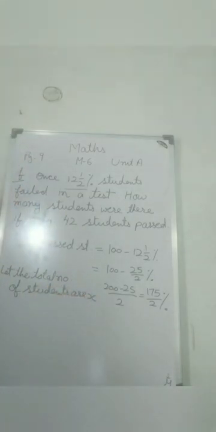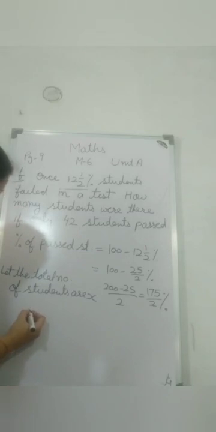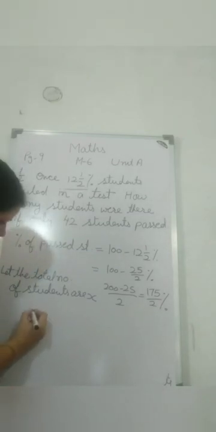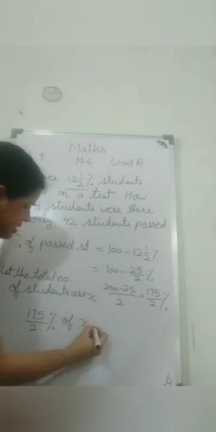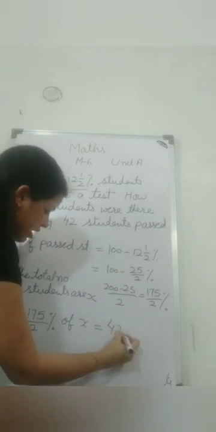Let the total number of students be equivalent to x. Now what do we do next? So 175 upon 2% of x is equal to 42. Now calculate it.